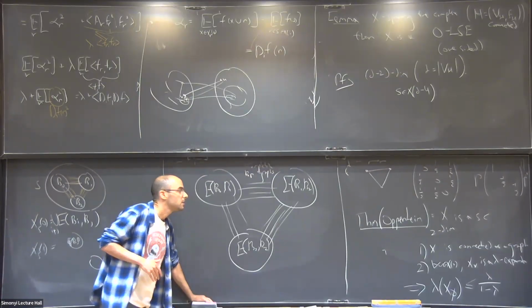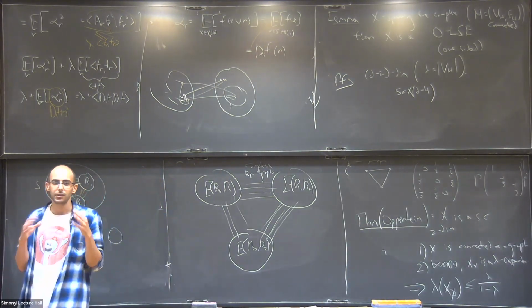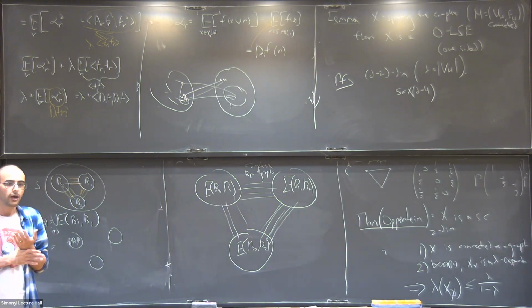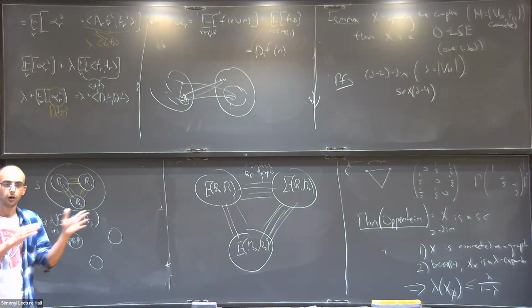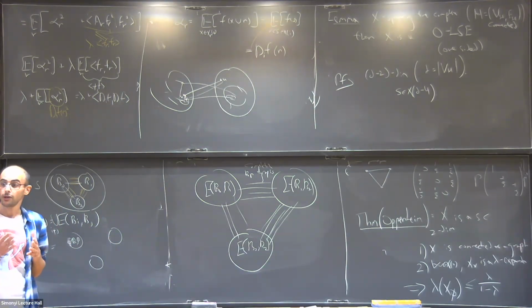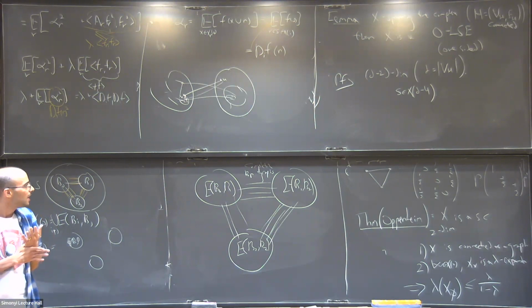There are areas in high dimensional expansion that I haven't touched upon that are equally interesting. One area is construction. Maybe I don't care where my high dimensional expander came from, but I want certain properties, for example sparsity, where every vertex is connected to only a bounded number of edges, which is what we call bounded degree. Here there are constructions.